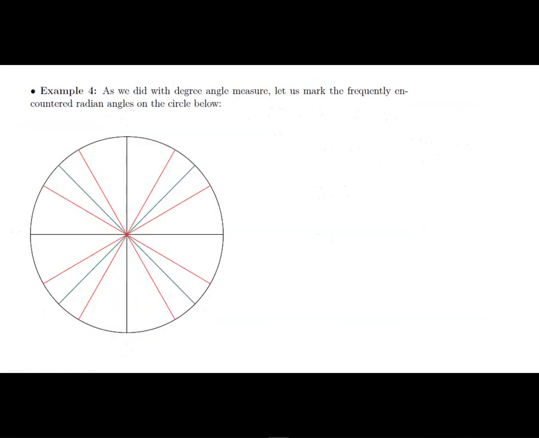So with our new definition of what it means to measure an angle, but now in radians, I like to do the same thing we did with degrees, which is to take a circle and note some special angles that are important for us to have memorized.